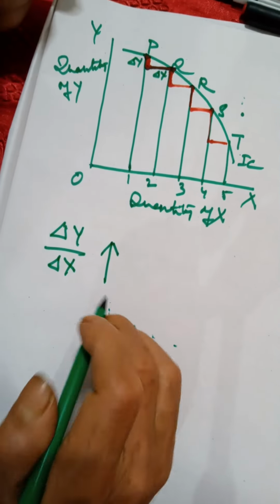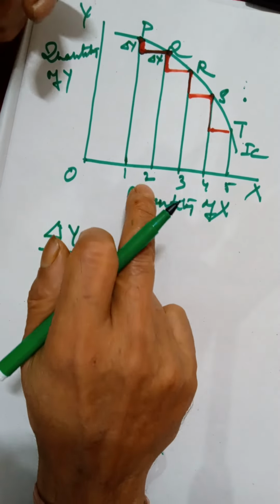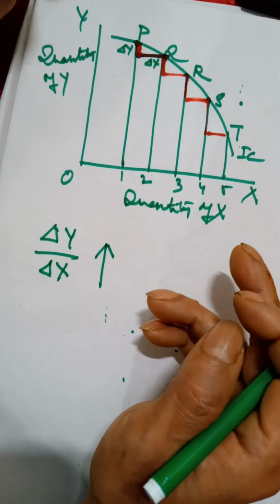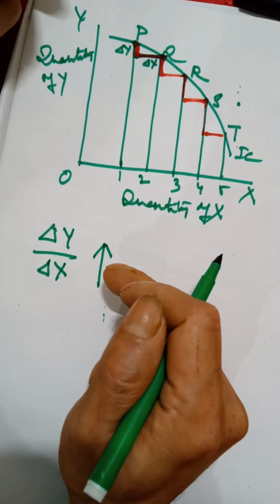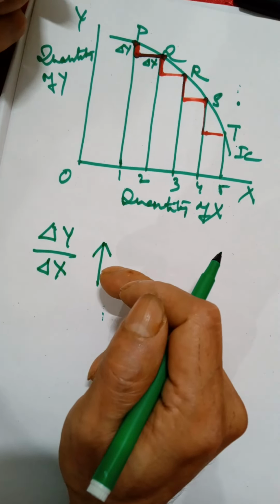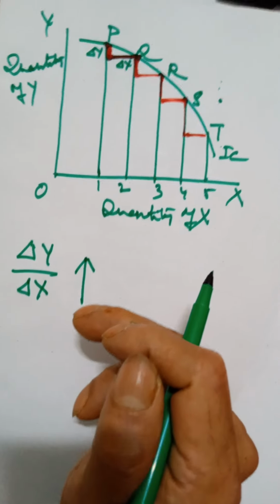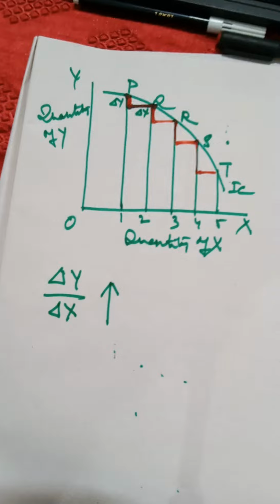That is, the marginal rate of substitution of x for y goes on increasing, which is not expected from a rational person. Okay, so once again you concentrate on my lecture instead of my hard copy.